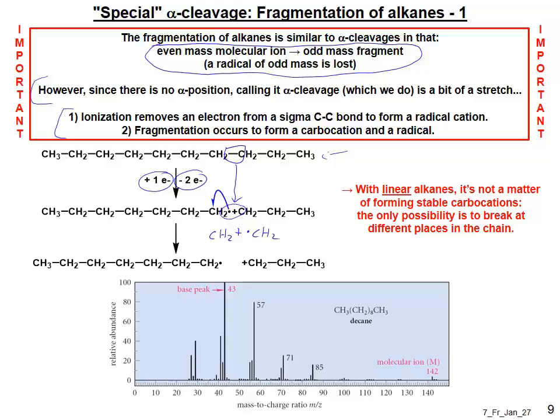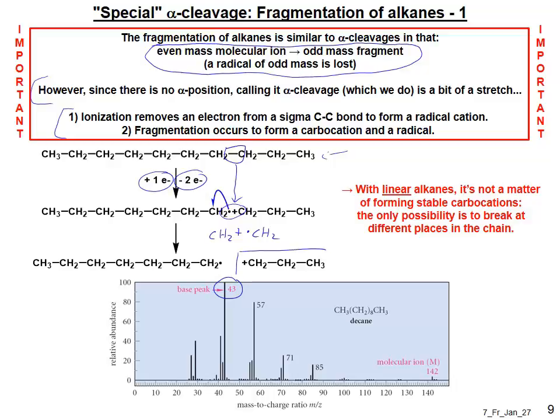There's really no difference. And then the way that this molecule can fragment, the radical can just leave and end up on the carbon on either side. It doesn't matter. If we look at what's on here, we're trying to explain the base peak at 43. 43 corresponds to a mass of 15, which is CH3, plus 14, which is CH2, plus 14, which is CH2.